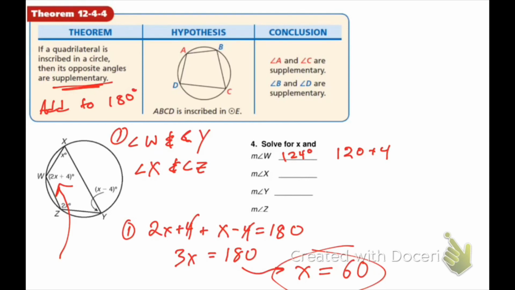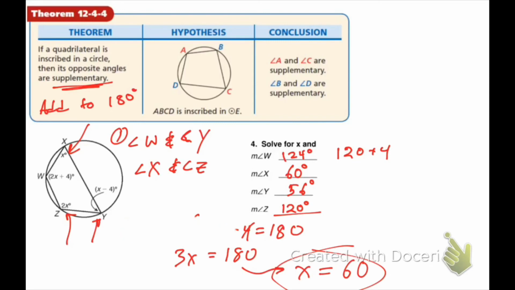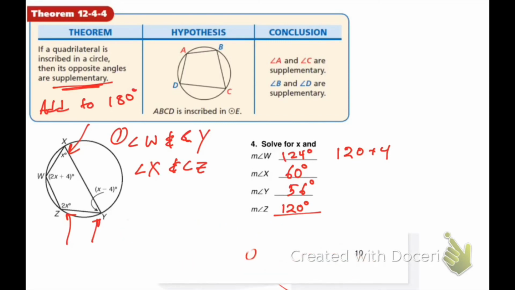Angle X is just x degrees, so that would be 60 degrees. Angle Y, 60 minus 4 gives me 56 degrees. And then angle Z, 2 times 60 is just 120 degrees. Now, at the beginning I thought there was a y, so slight misreading there.